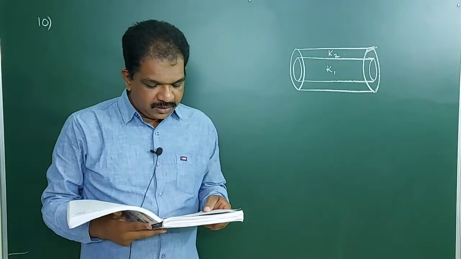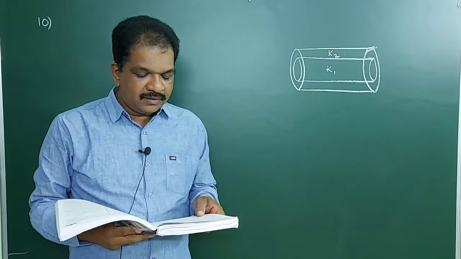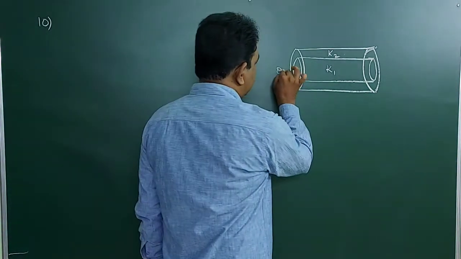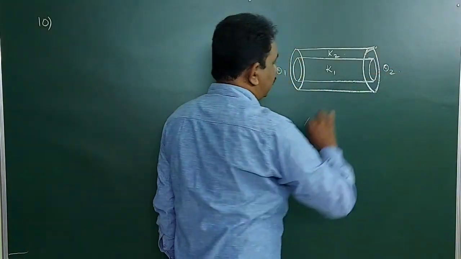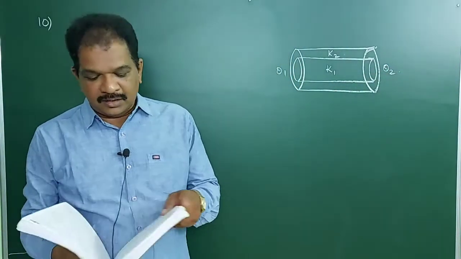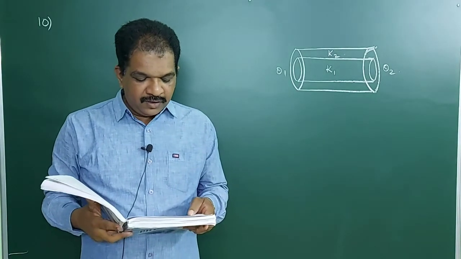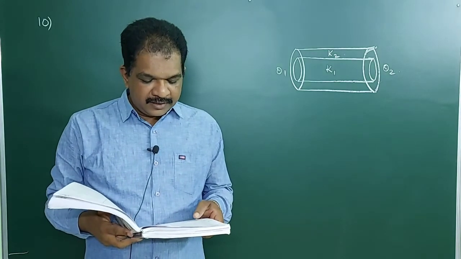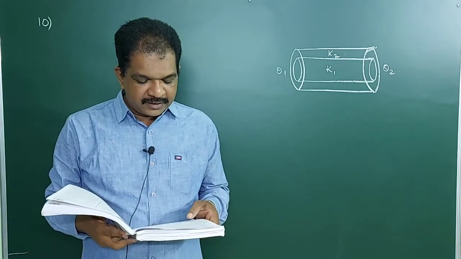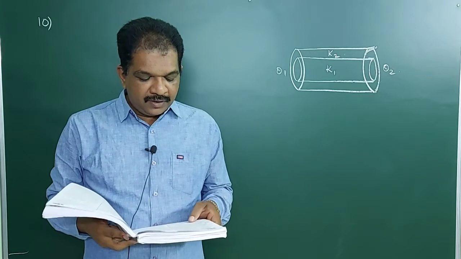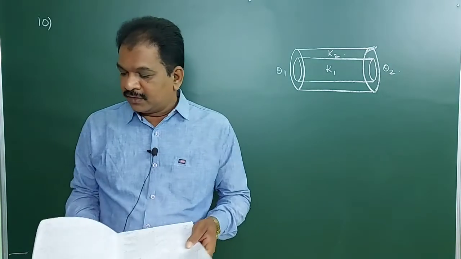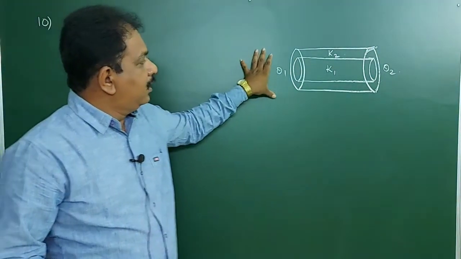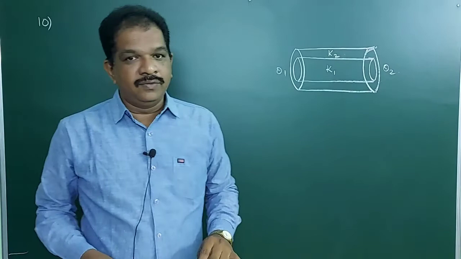Next, the two ends of the combined system are maintained at two different temperatures. This end is maintained at one temperature, that end at another. If there is no heat loss across the cylindrical surface and the system is in the steady state, the effective thermal conductivity of the system is? From here to here some heat is flowing.